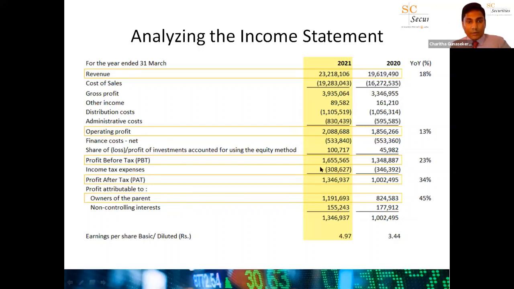This is the amount of profit that this company has generated before paying tax. In this particular instance, they have generated a profit before tax of 1.6 billion compared to 1.3 billion in the previous year, which is a 23% growth.